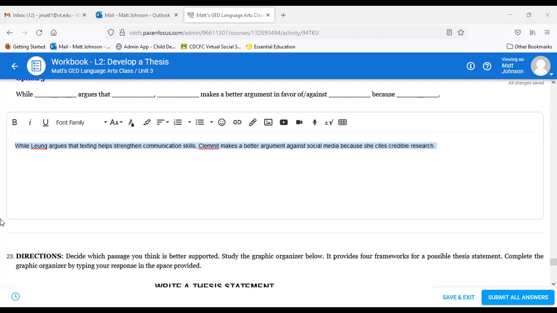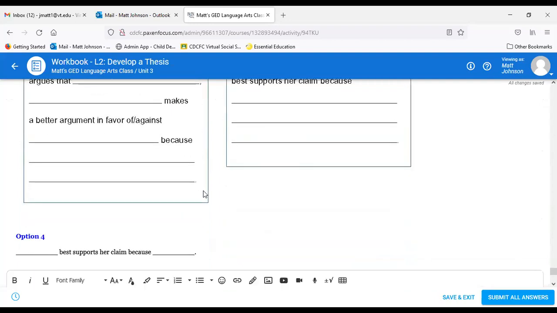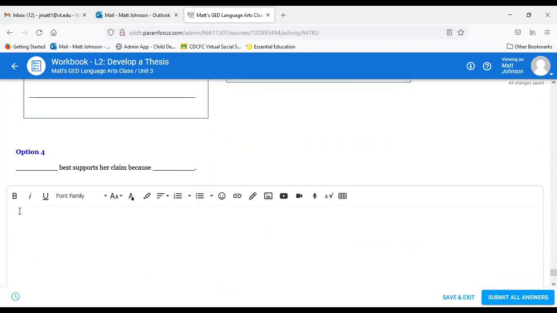Now, our last one. So using this final one down here, best supports her claim because. So this one basically only addresses one, right? So the thing you would have to be cautious with is making sure that when you write out the rest of your response, you address the other passage.